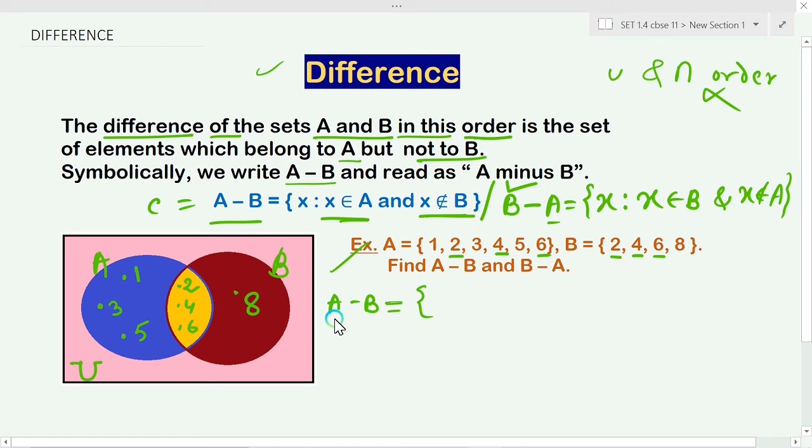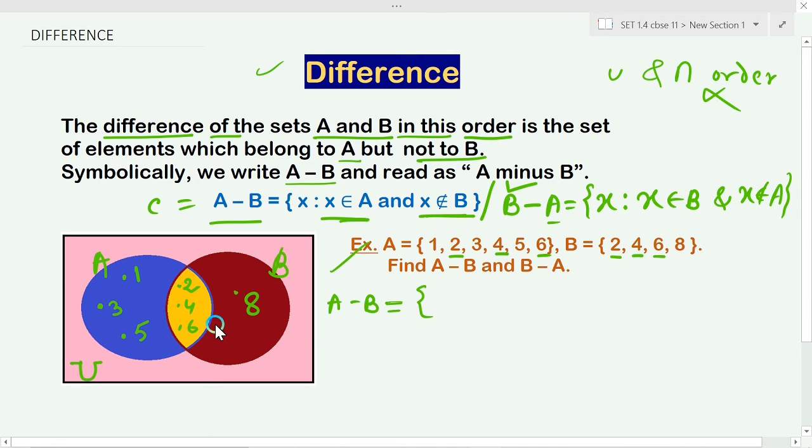Now the elements of A are 1, 2, 3, 4, 5, 6. But 2, 4 and 6 are also elements of B. So A minus B does not contain 2, 4, 6 because they are elements of B.